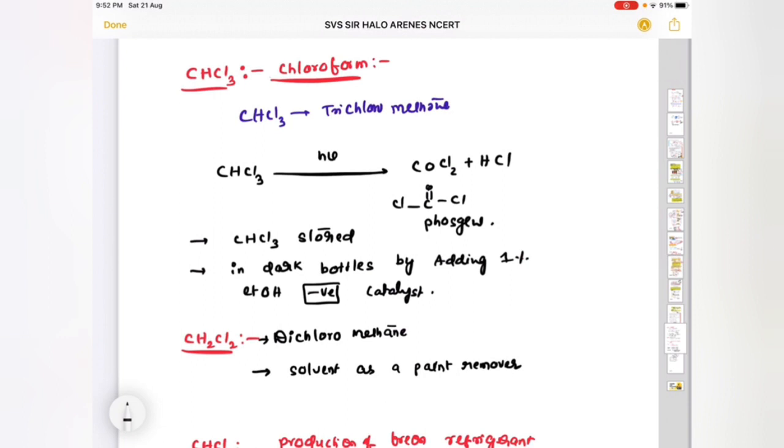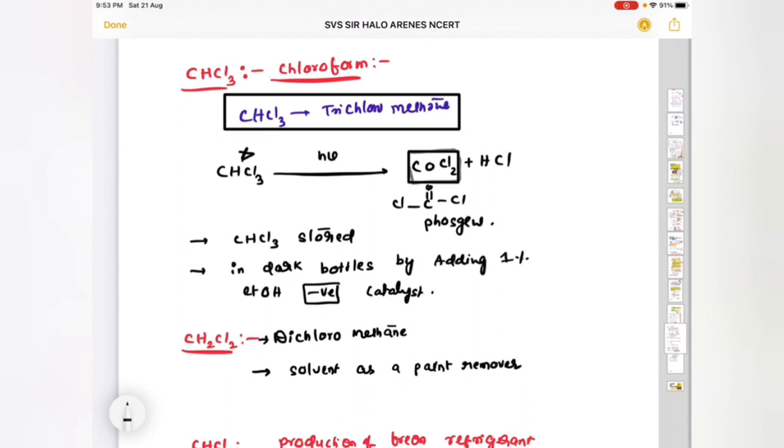And polyhalogen compounds: we have CHCl3, called chloroform. We also call it trichloromethane. Generally it is used as anesthesia. Chloroform undergoes oxidation to give a poisonous gas known as phosgene.